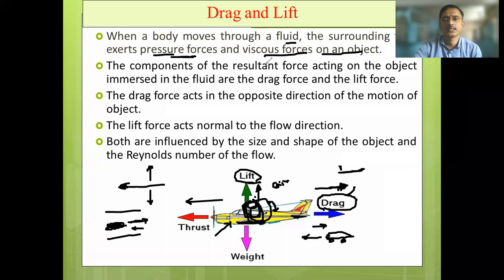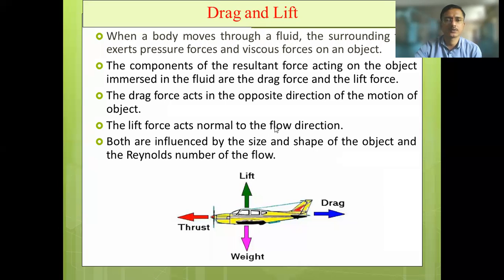So two forces act there, viscous force and pressure force. The components of the resultant force acting on the object immersed in the fluid are the drag force and the lift force.